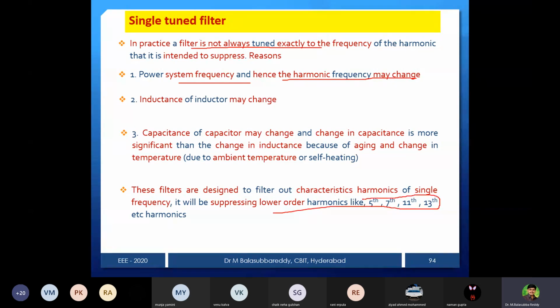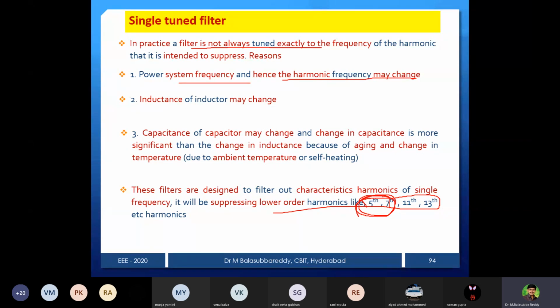You can see either 5th, 7th, 11th, 13th, and so on. It may be a 6 pulse converter. If you go for a 12 pulse converter, again these two are going to be suppressed, and the third may not be there because it starts with pulse number 6. 6 into 1 is 6, and minus 1 gives 5, and plus 1 gives 7.